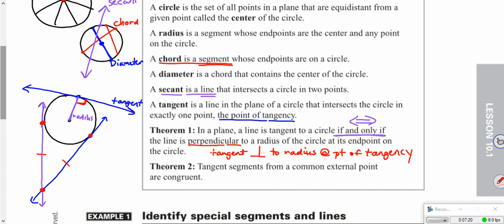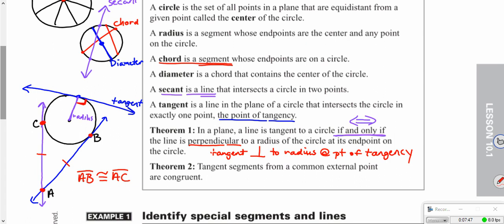So from the common external point to the points of tangency, the two segments are congruent. Now again, we're just talking segments. Let me label these. If I called this point A, B, and C, I would say that segment AB is congruent to segment AC.